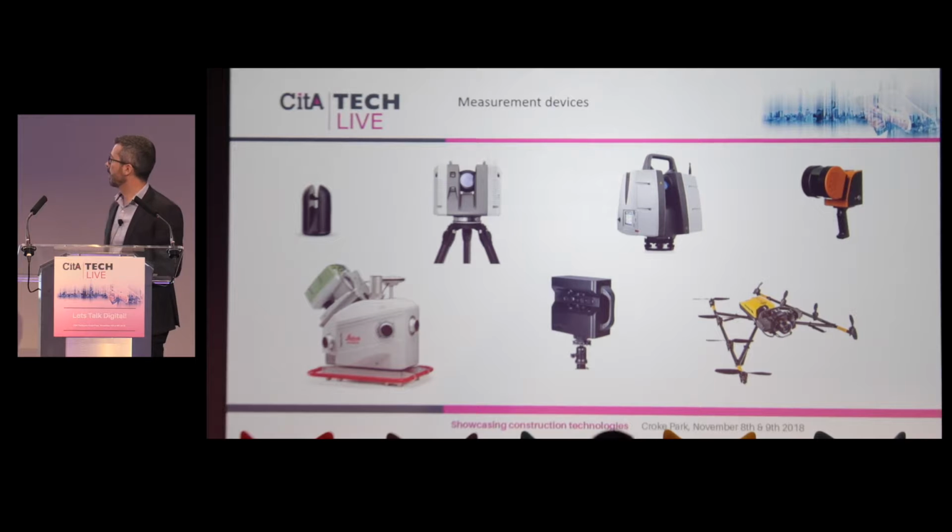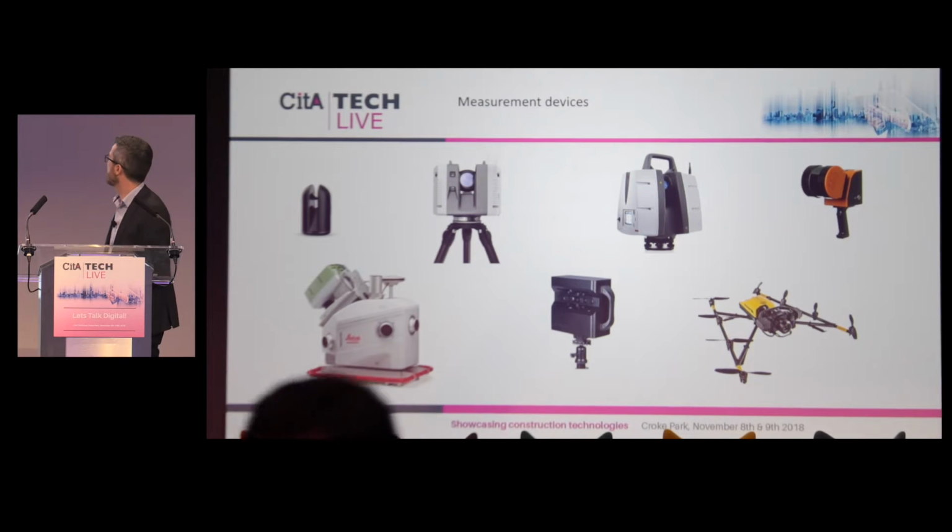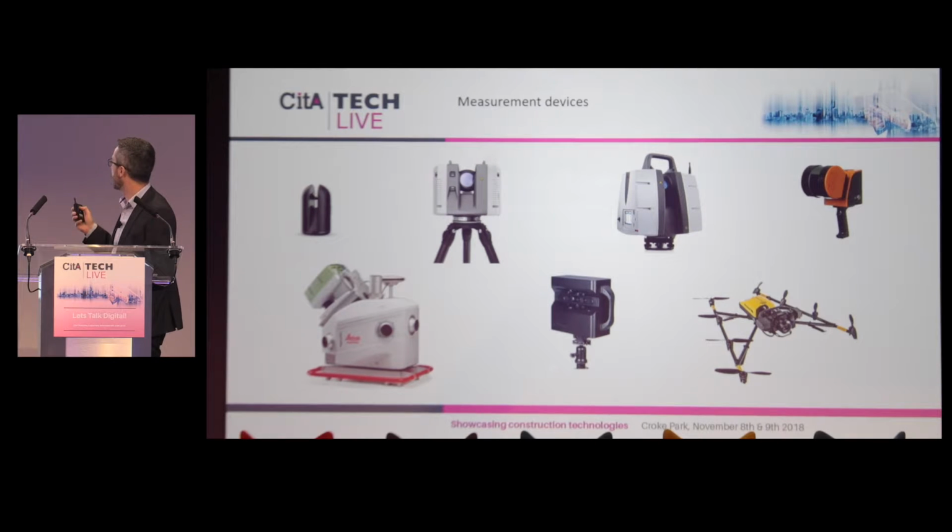There's equipment that is set up like a traditional survey tool on a tripod, but there are also handheld devices like this one, which exploit simultaneous localization and mapping techniques to dynamically capture survey information. There are scanners that can be mounted on vehicles, and those are useful to survey roads and railways, for example.